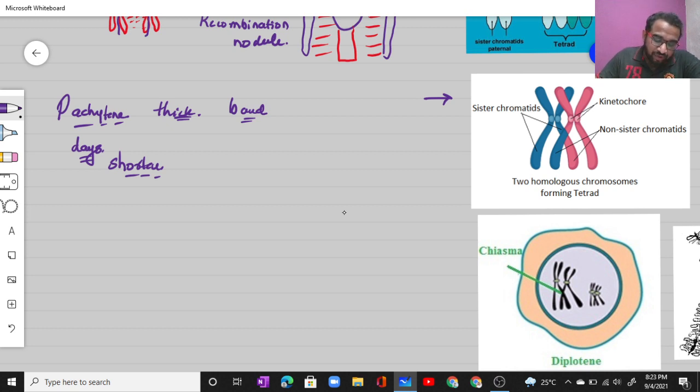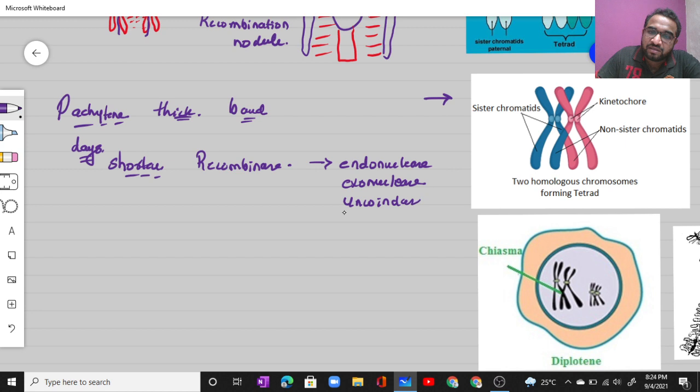Now these recombination nodules, as I told you, have an enzyme called recombinase enzyme. Recombinase is made up of endonuclease enzyme, exonuclease enzyme, an enzyme called unwindase enzyme, and R protein, etc.